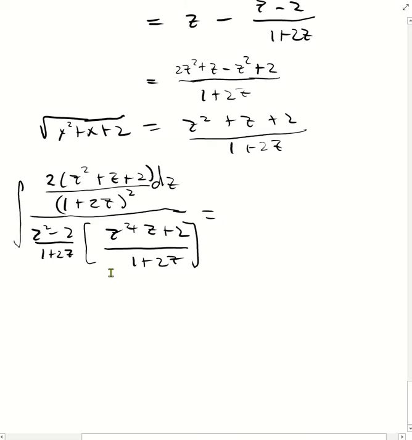So we need to multiply the denominator, 1 plus 2z times 1 plus 2z. Then we can cancel out the 1 plus 2z squared at the numerator with that in the denominator. So this will cancel out.